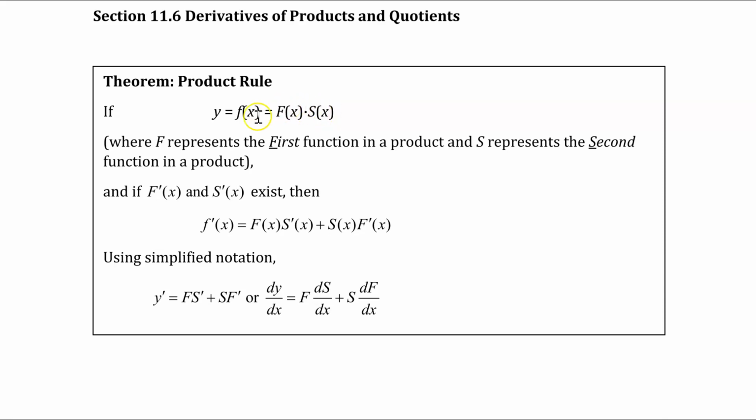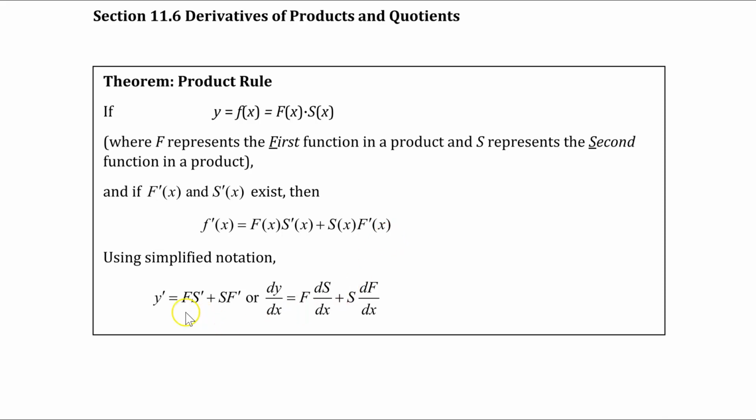Then the derivative of the product is equal to: copy the first function, differentiate the second function, plus copy the second function and differentiate the first function. This is provided that S prime and F prime both exist.